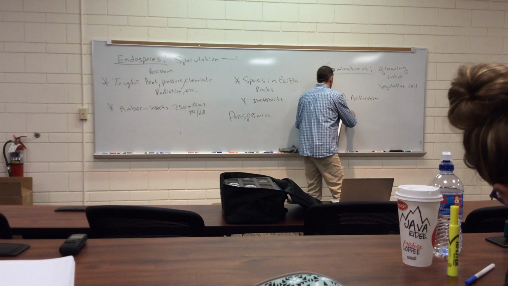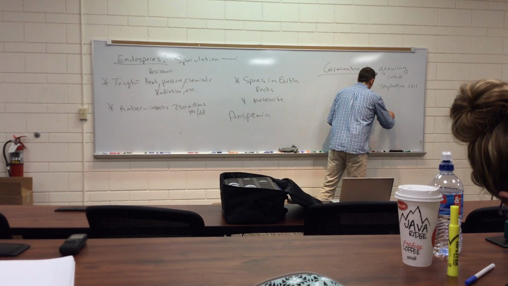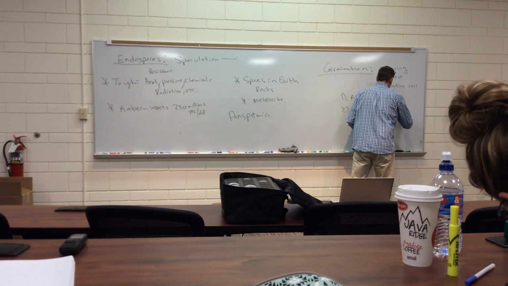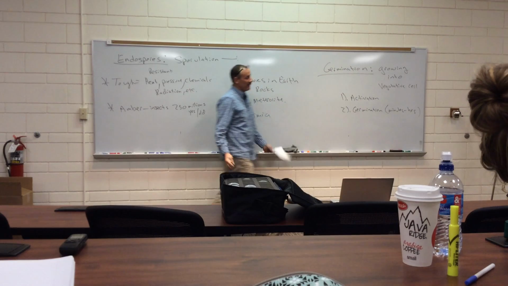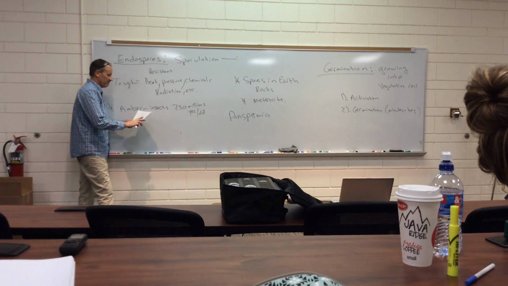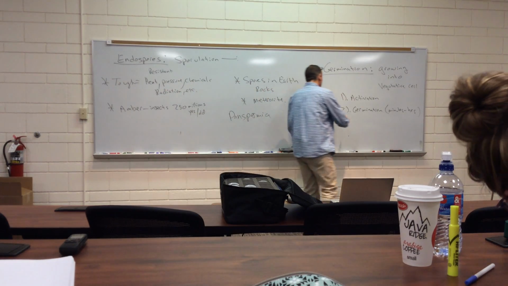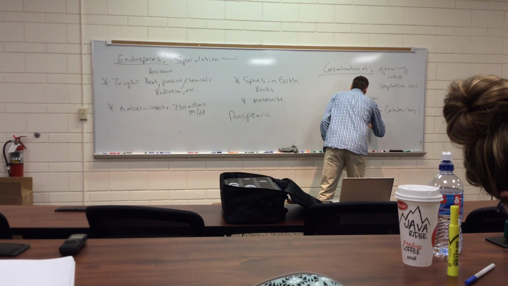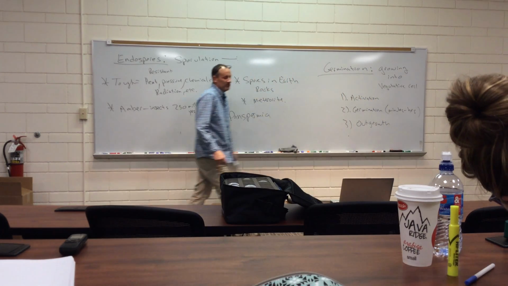Then we get germination, and this can take minutes to hours, depending on the species that you're dealing with. And then eventually outgrowth, and these guys turn back into the living vegetative cell.